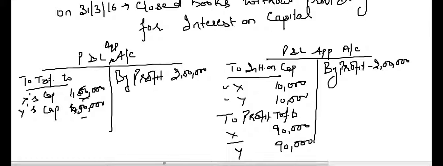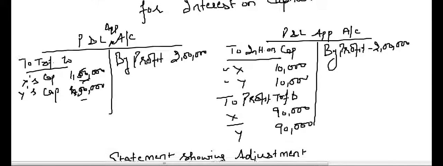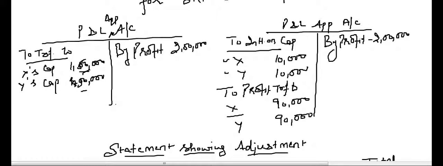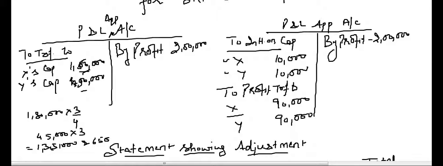What should have been the actual profits? 1,80,000 into 3/4. Right? It should have been 45,000 into 3, 1,35,000, and 45,000.